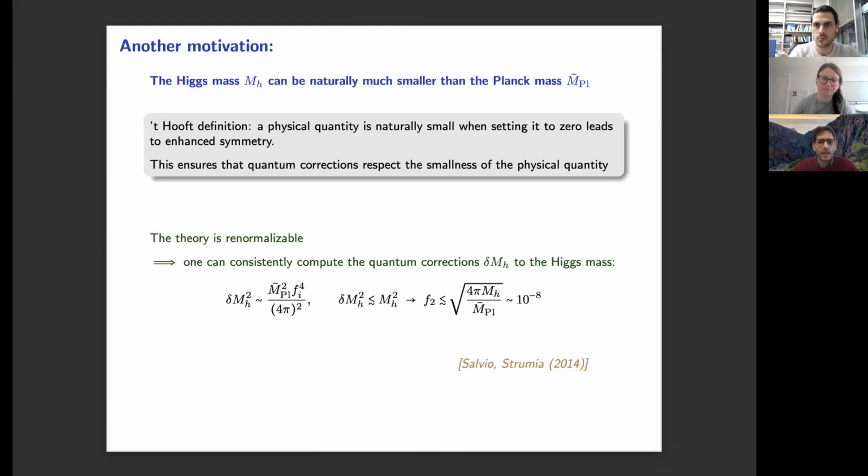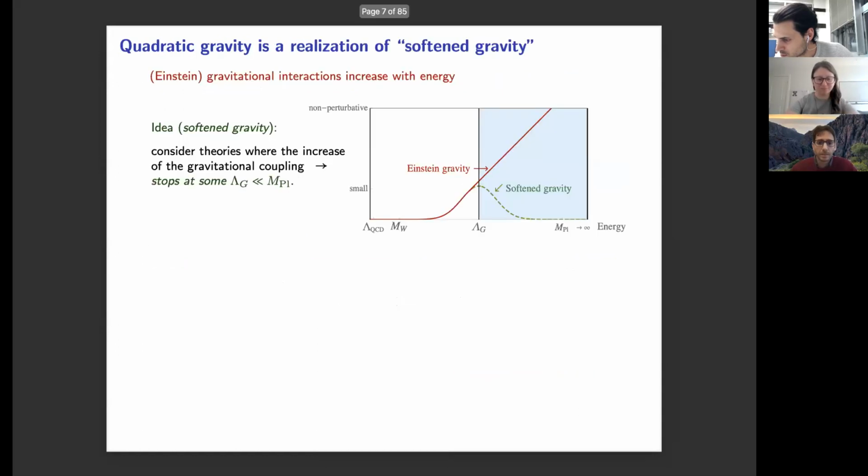And in this case, we can compute the contribution to the Higgs mass in the theory, and it goes like the Higgs mass squared goes like the Planck mass squared times the fourth power of f_2, or some combination of f_0 and the non-minimal coupling of the Higgs. So requiring naturalness, we get a very, very small coupling of actually the graviton, as we will discuss later on. f_2 has to be not exceeding 10 to the minus 8.